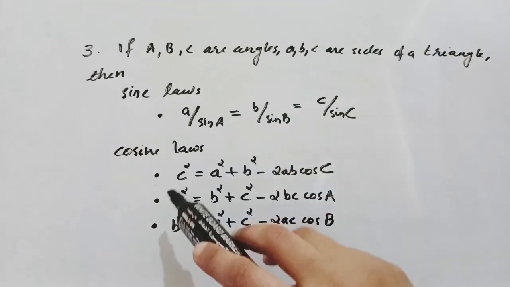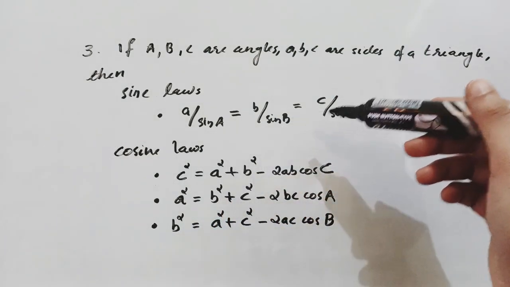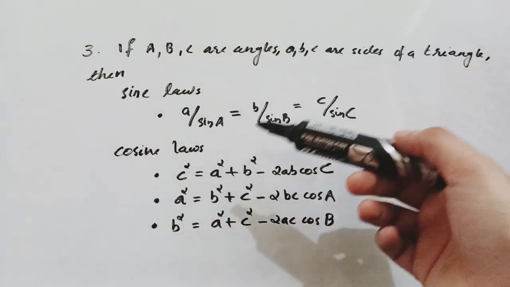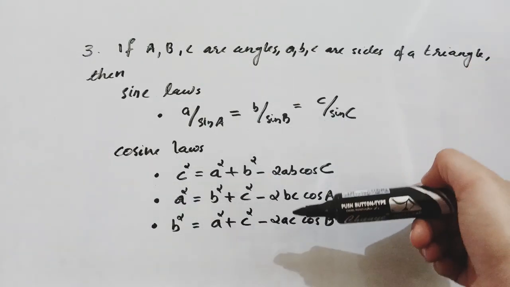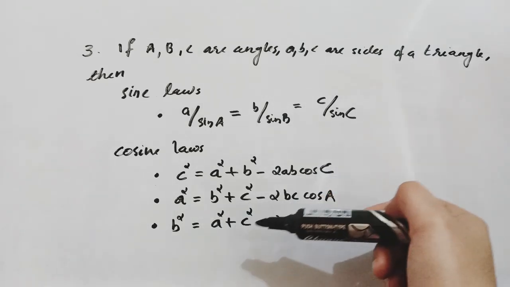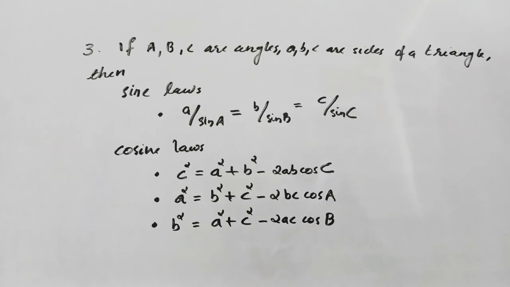Then cosine law is c square equal to a square plus b square minus 2ab cos C. a square equal to b square plus c square minus 2bc cos A. And b square equal to a square plus c square minus 2ac cos B. These are the sine and cosine laws.